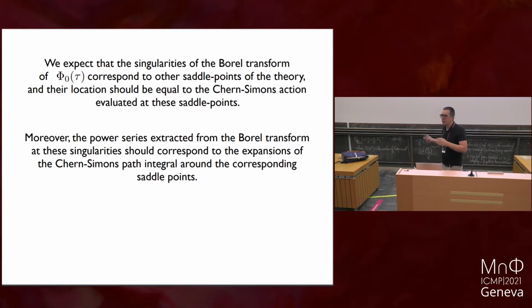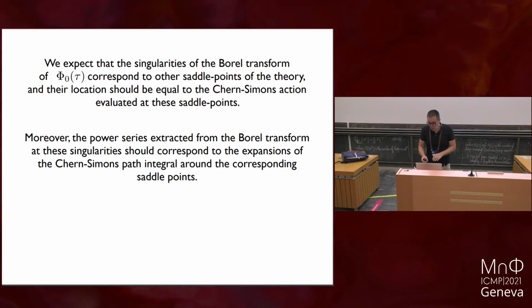Remember that in my first lecture, I was telling you that when you do a saddle point analysis, perturbative series through their Borel transform know about the other saddle points, and the locations of the saddle points are the actions evaluated at these other critical points. So the same thing should be true here. And actually, the new power series that appear when you do this resurgence analysis should be the expansions of this theory around the new saddle points.